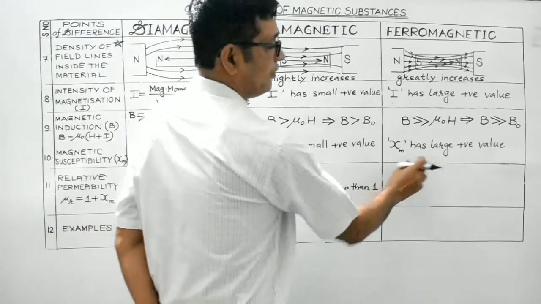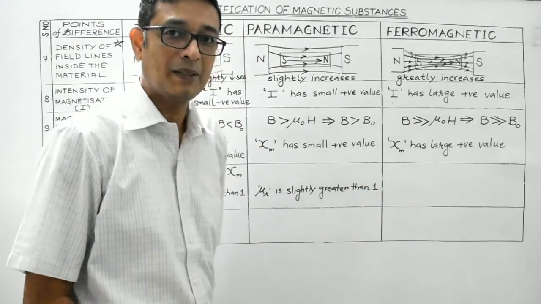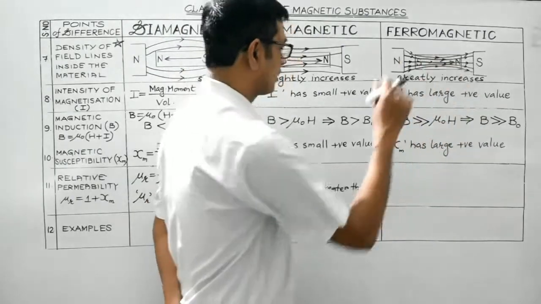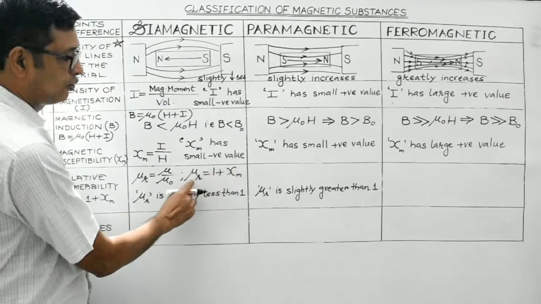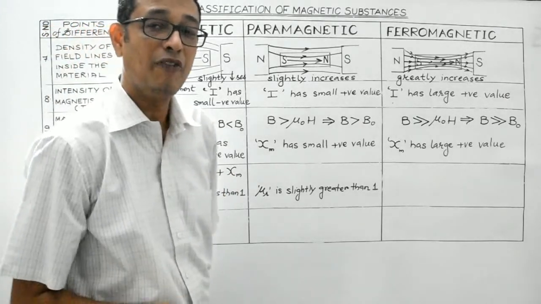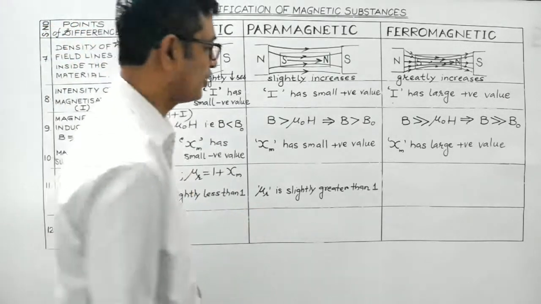While on the other hand, for ferro students, chi m susceptibility has large positive value. So in this case, mu r will have a value which is very, very large as compared to 1.